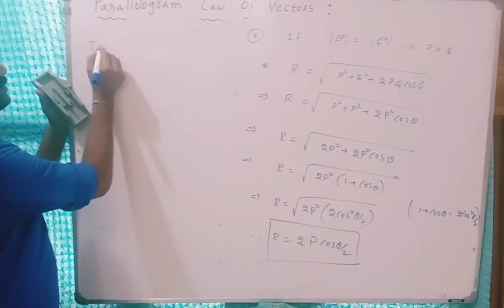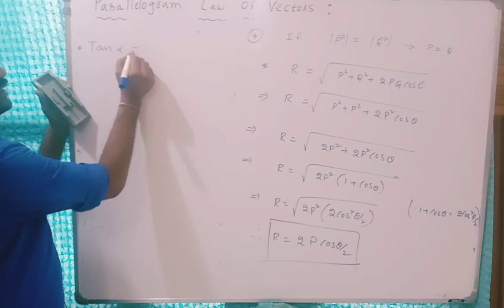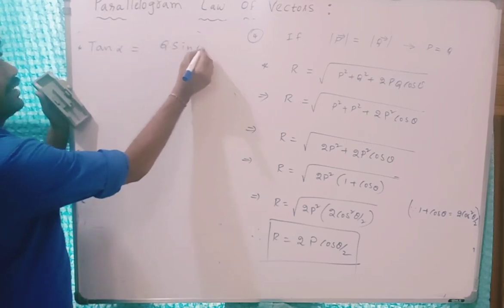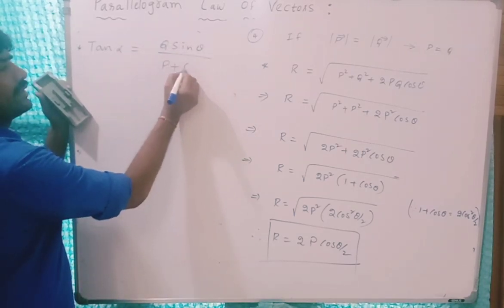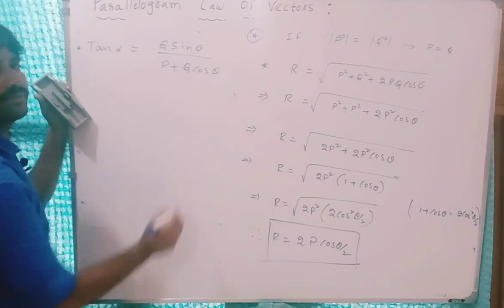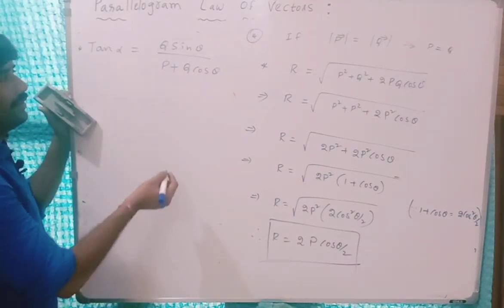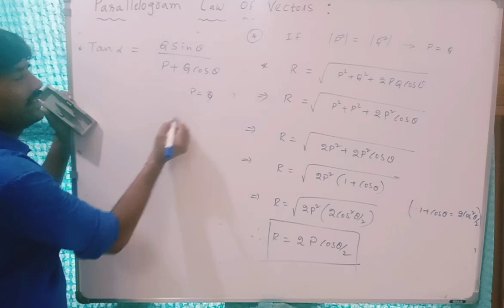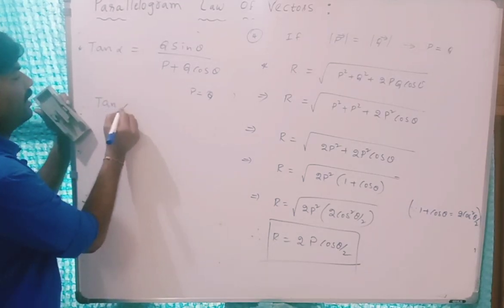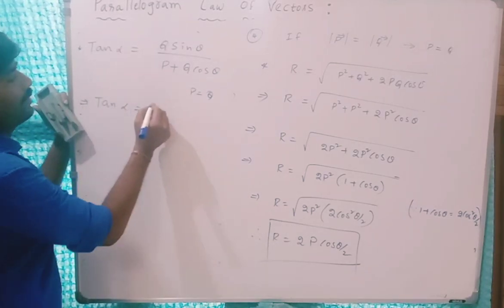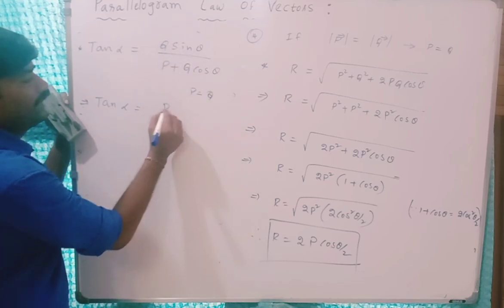Tan alpha. Tan alpha equal to what? Q sin theta by P plus Q cos theta. Clear? Now P is equal to Q here, that is the condition. Now tan alpha is equal to P sin theta.